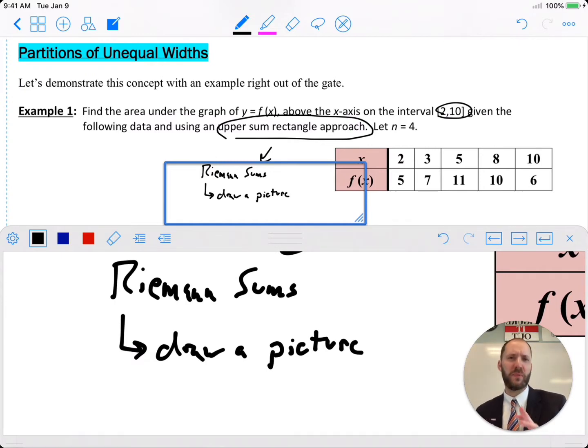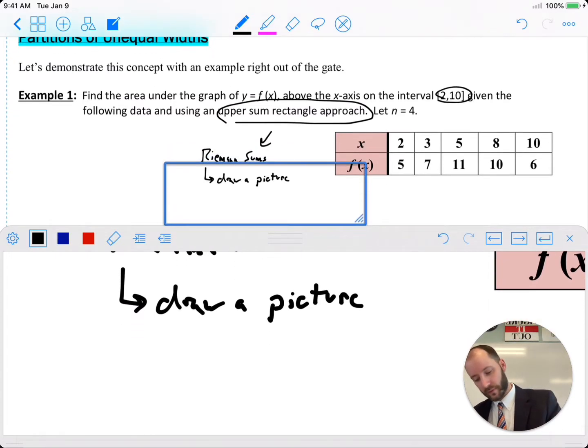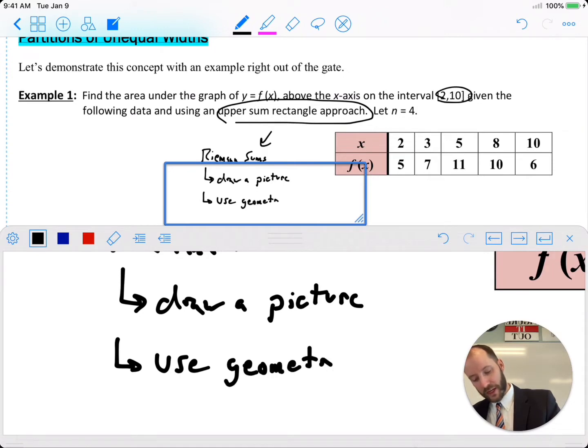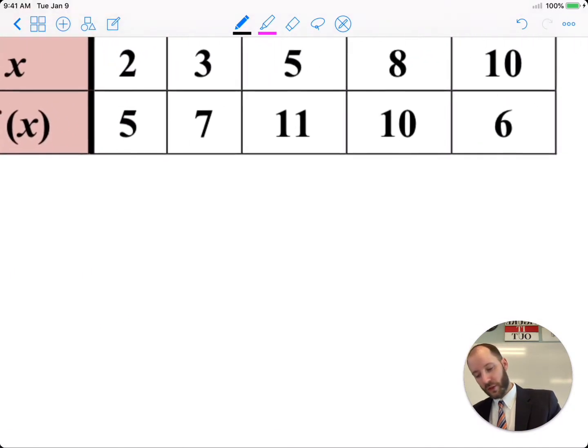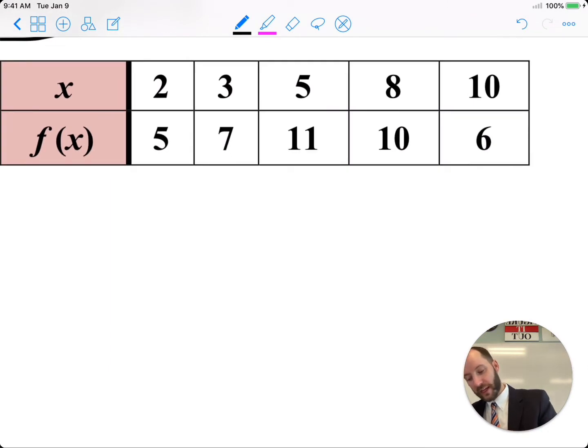It doesn't have to be perfect, but just make something you can look at to help you visualize. You're drawing a picture, and then you're going to use geometry. So Riemann sum again to find an approximation, no calculus required. So let's draw a picture for this data.